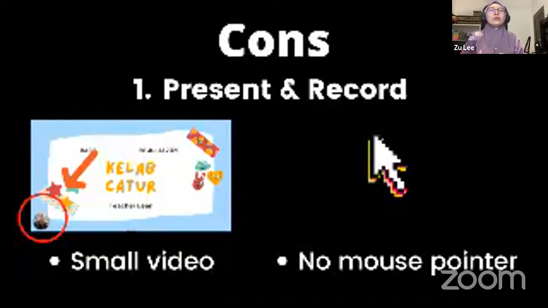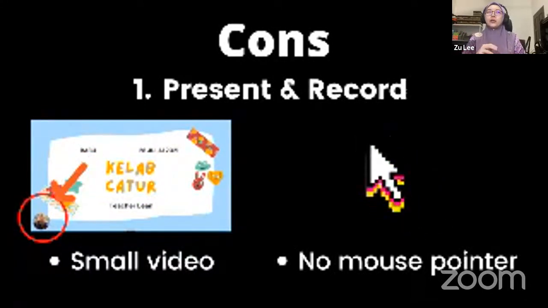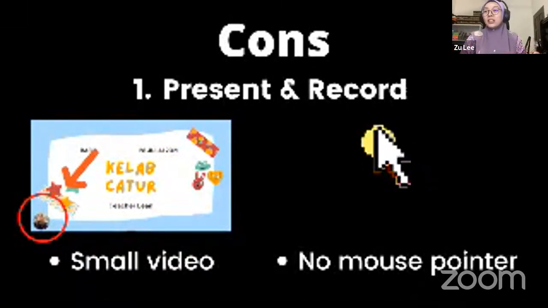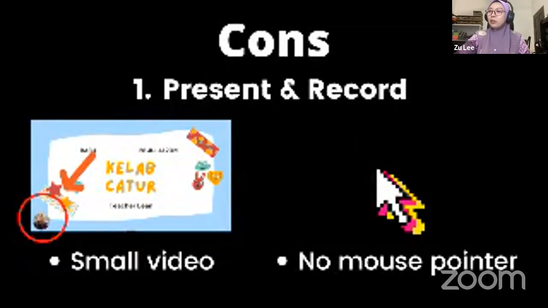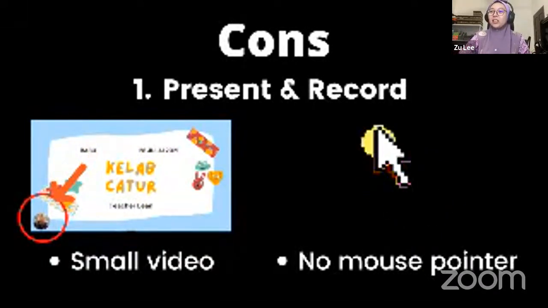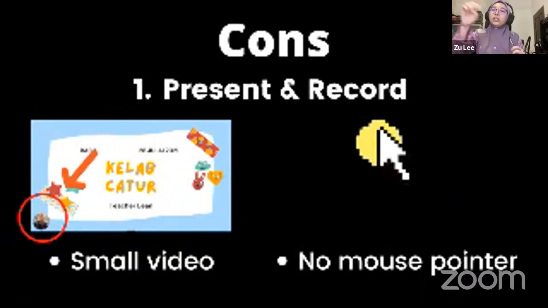And another thing that I don't like while I'm using present and record is there are no mouse pointers. So while you're recording, sometimes you want to show students something on the slide. Maybe you want to highlight specific words. But because it's just a screen recording at the moment, there are no mouse pointers. So if you want to use mouse pointers, you have to record yourself on OBS.